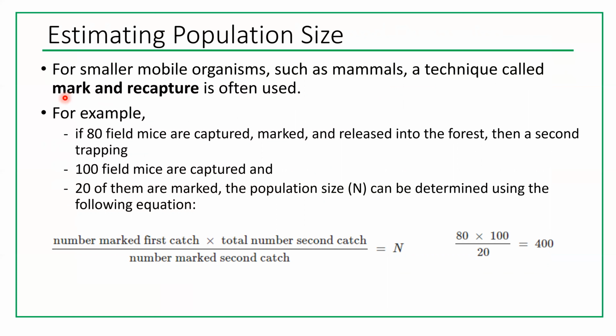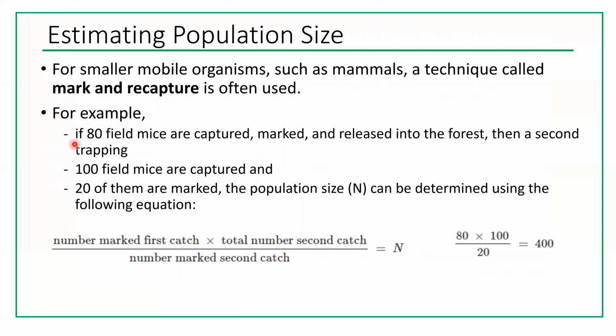What it means is you capture, let's say, some rodents, or any small animals, you mark them, and then you release them back into their environment and come back after a certain amount of time and recapture them again. And when you recapture them, you count how many individuals were previously marked. And then there is a formula to use to estimate the size of the population.